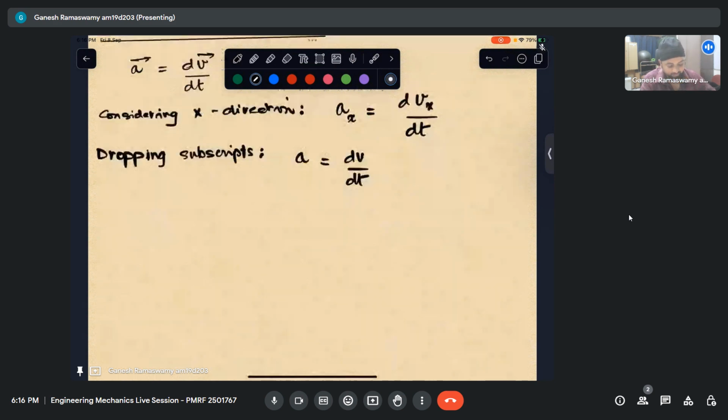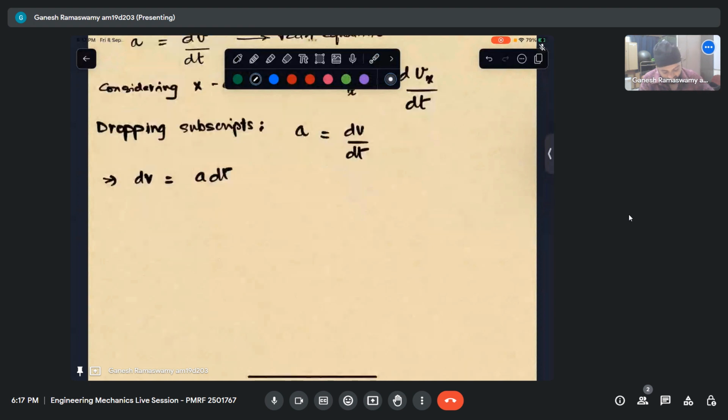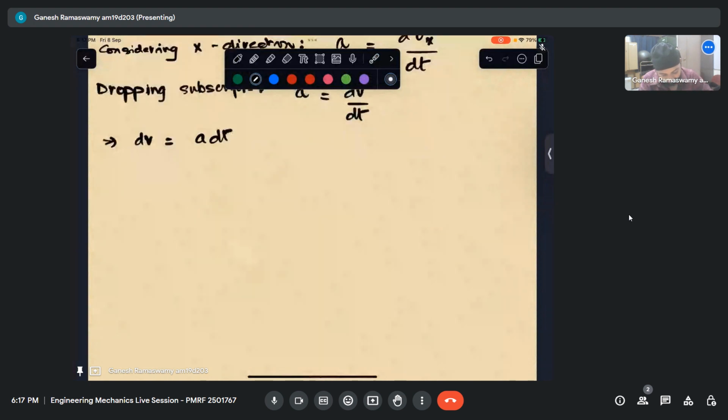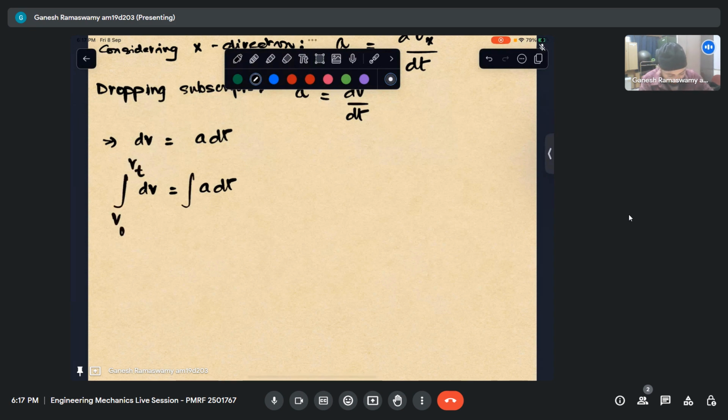And mind you, this a is constant. That is the premise with which we started. Okay, so therefore dv is nothing but a dt. Now let me integrate this. So I'll integrate this from some v naught to v at time t, whereas this will go from t naught to time t.